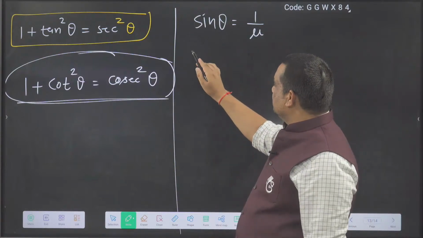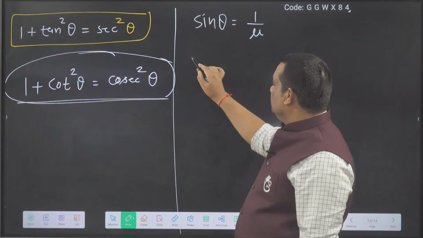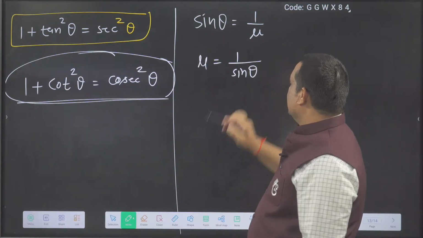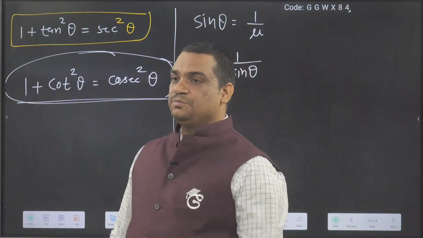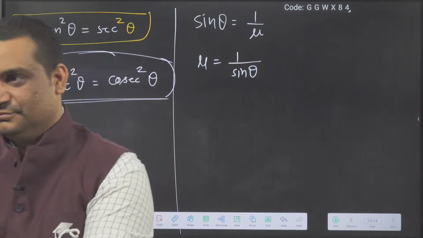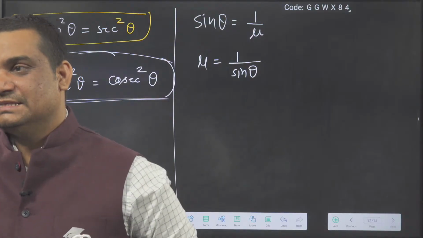I sine theta equals 1 by mu, everyone knows. If they ask to find mu, you can say mu equal to 1 by sine theta, but no option was given in terms of sine or cos.